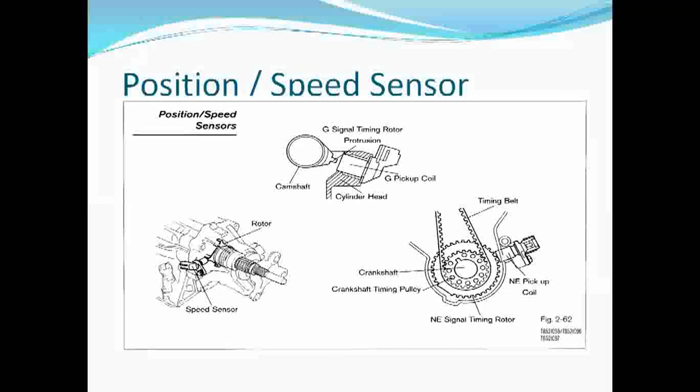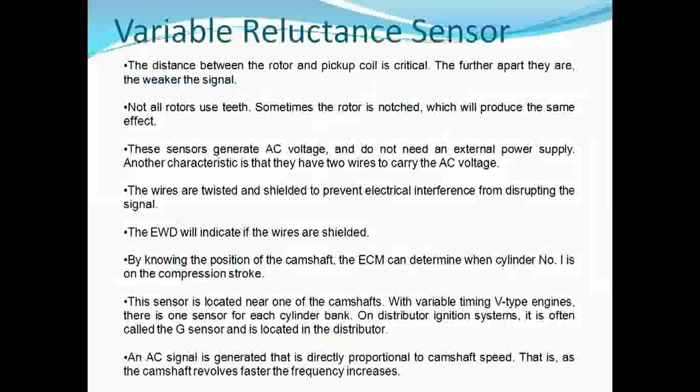So statically, these sensors will be placed at a particular place and will be giving the feedback to the controlling module. So how does this vary with respect to these particular sensors? The distance between the rotor and the pickup coil is very much critical.